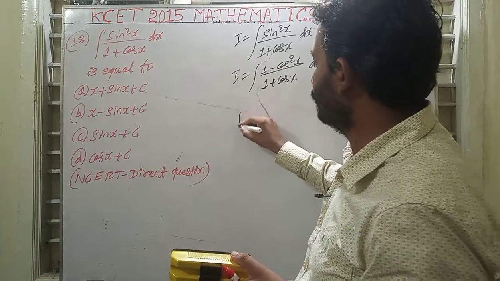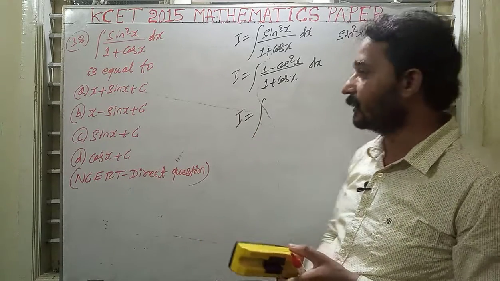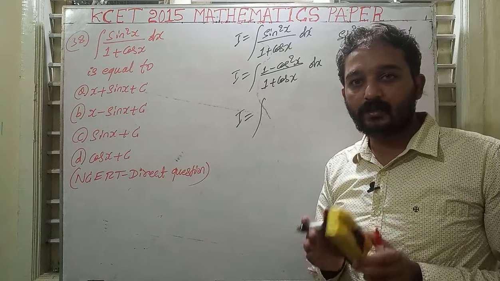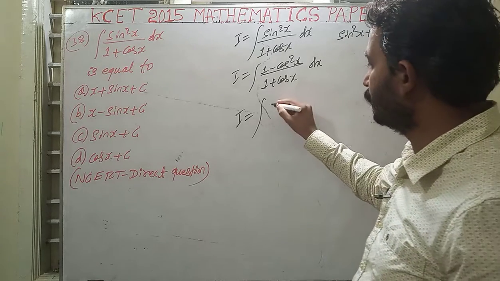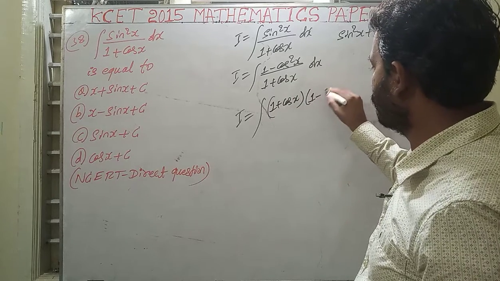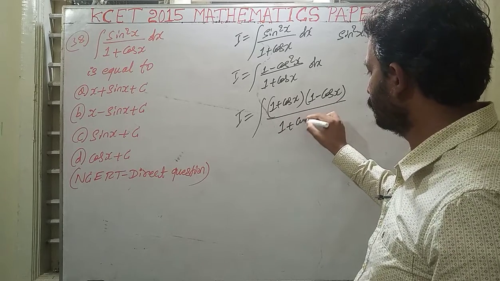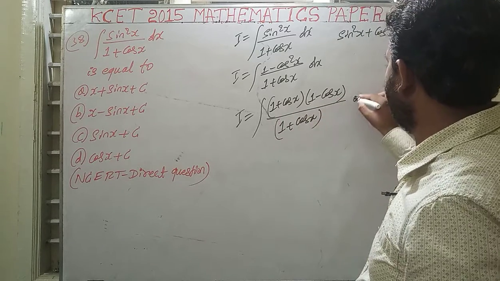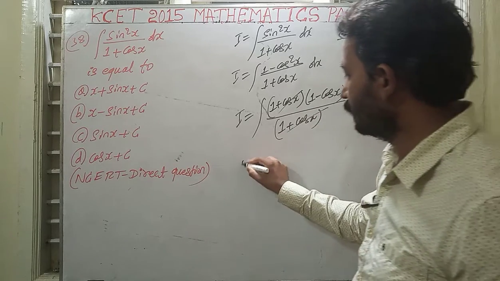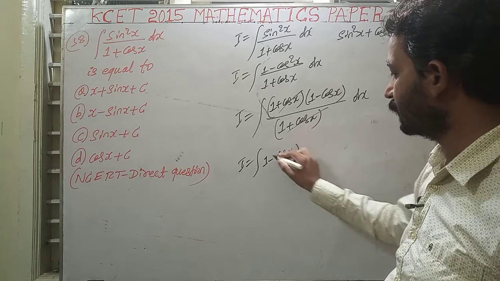Using the algebra formula a square minus b square is a plus b into a minus b, we can write in the numerator 1 plus cos x into 1 minus cos x, whole divided by 1 plus cos x with respect to x. 1 plus cos x in the numerator and denominator cancel each other. So remaining is I equal to the integral of 1 minus cos x with respect to x.